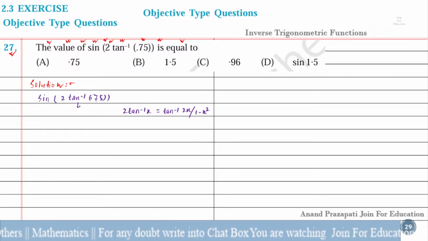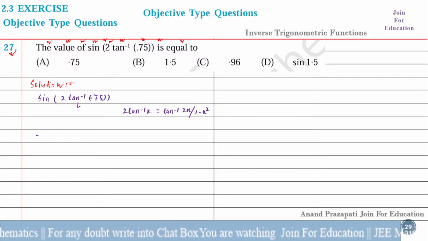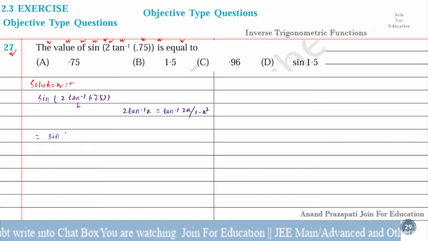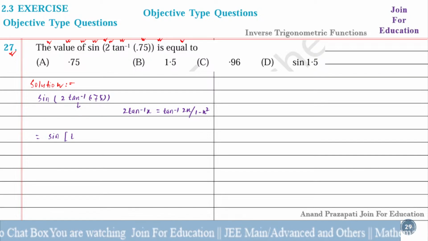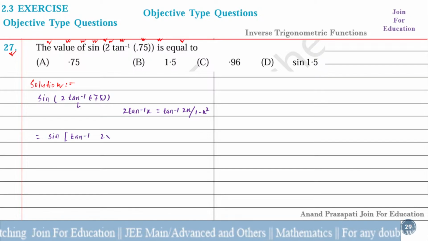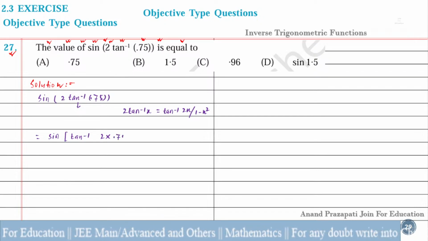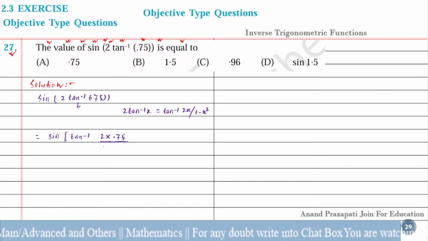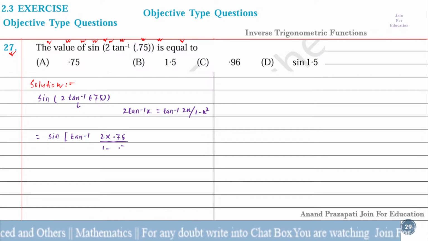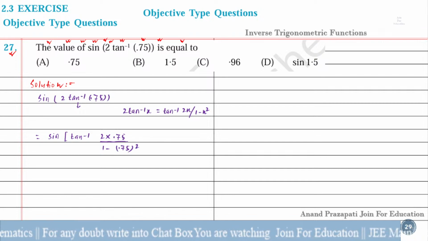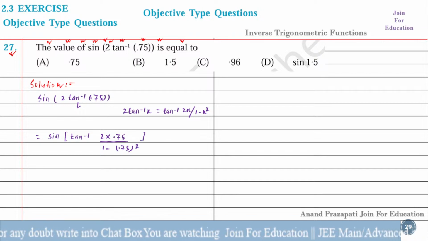So according to this formula, this one will be equal to, we write down here, sin of tan inverse of 2 into 0.75 by 1 minus 0.75 whole square.